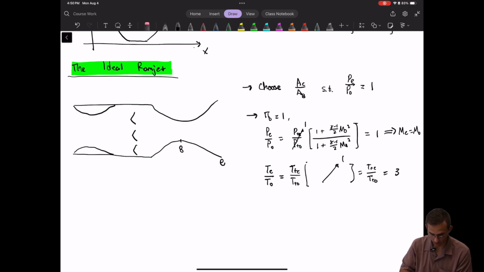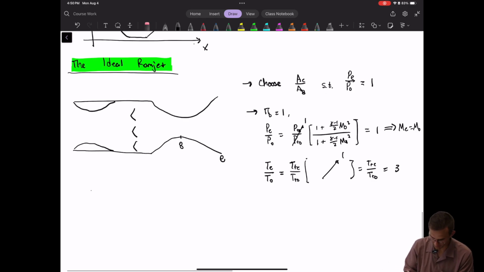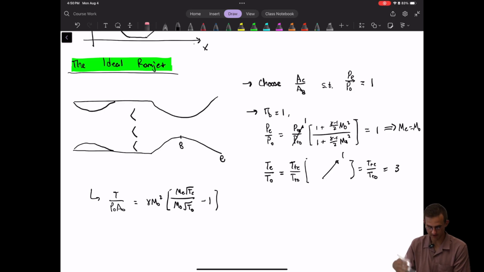Okay, and now we can recalculate T over P naught A naught, and it's equal to gamma M naught squared times ME square root of TE over M naught square root of T naught minus 1, and the perfect expansion gets rid of the pressure term in that equation, and we end up with 9.22. Okay, so adding this divergent section alone increased the thrust by 50%.